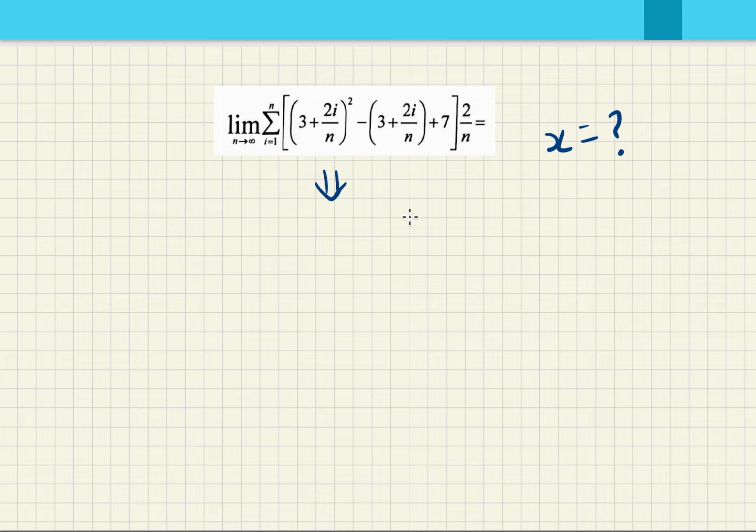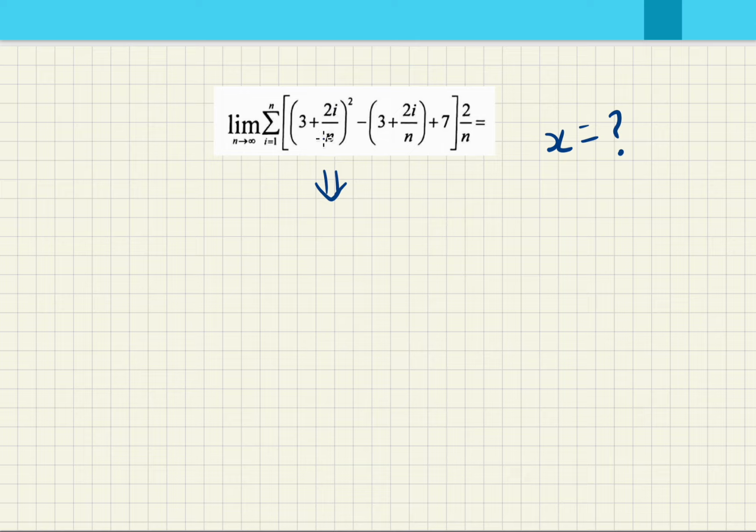Now, when looking for your x value, we're looking at the term that contains i over n, because that is essentially your x value. So if there is no repetition, or if 3 plus 2i over n squared plus 7 was there instead, we know that the x value is 3 plus 2i over n because it contains i over n as one of the terms.